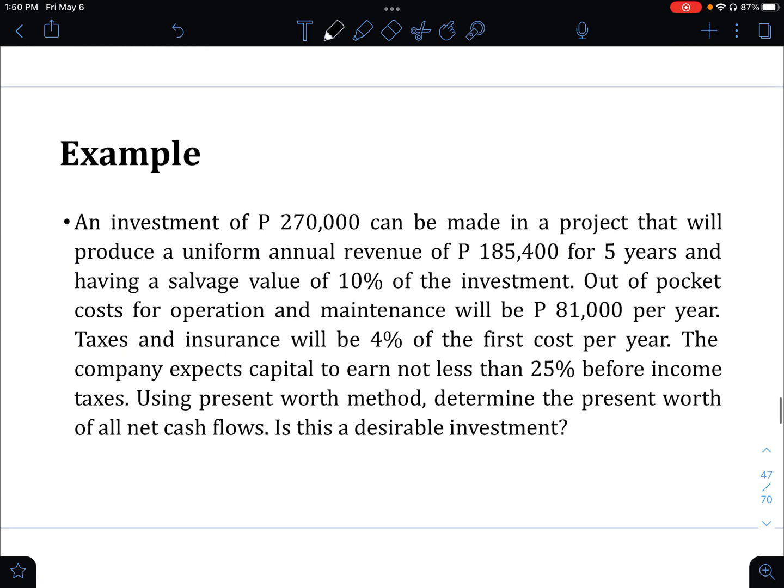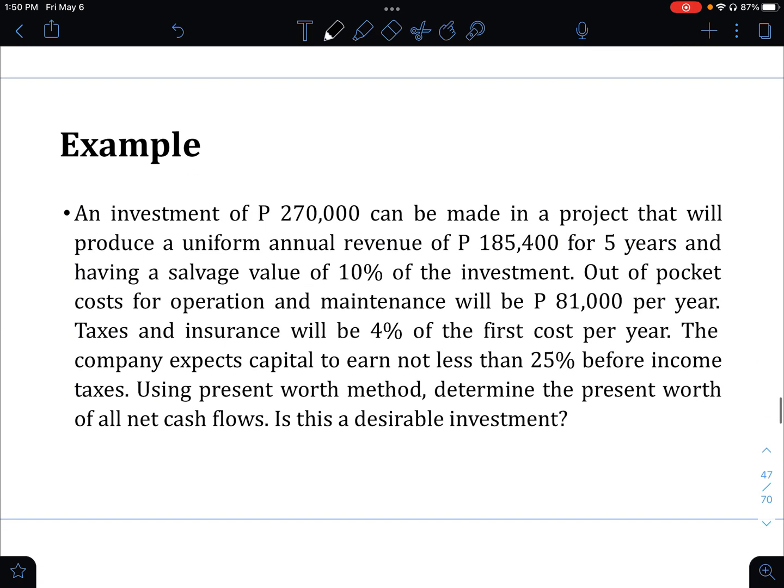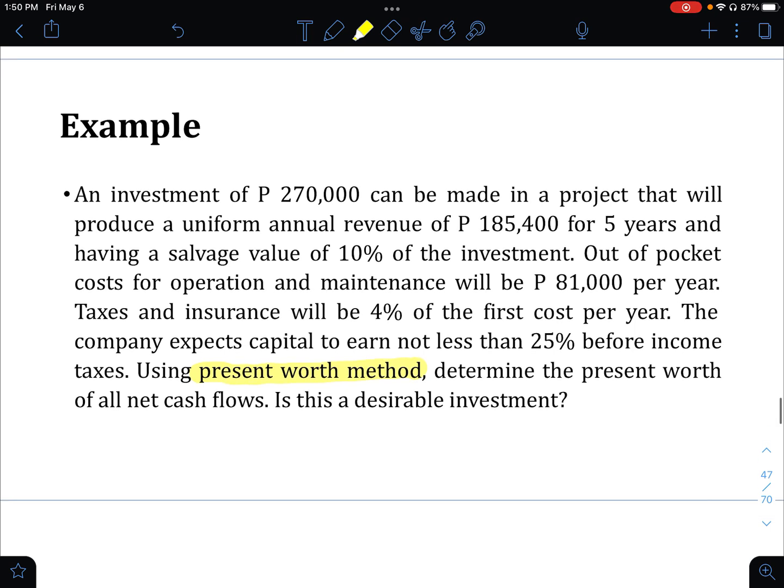Okay? Sige. So now, another method that I'm going to teach is the present worth method. In present worth method, what we need to remember is the formulas in present worth. So, remember natin in present worth method, the cash inflow includes annual revenue and salvage or scrap value.